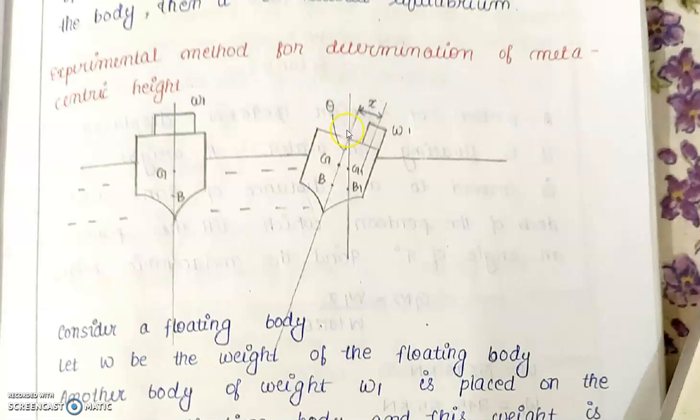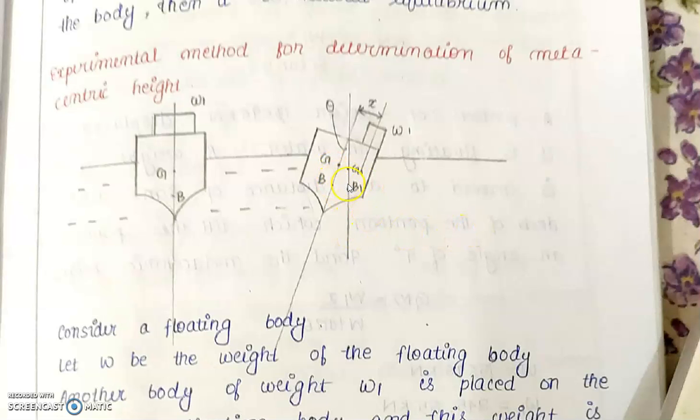Experimentally we can find out theta. So how to find the metacentric height, that is GM? Here this is GM. I forgot to mark M here. Since this line coincides with this axis, this is M.